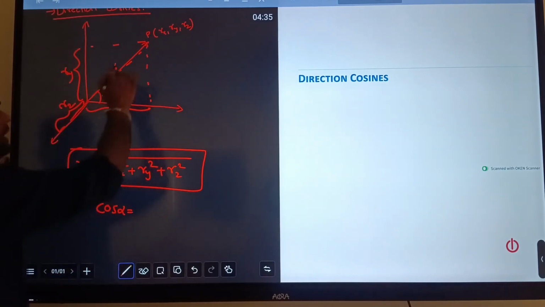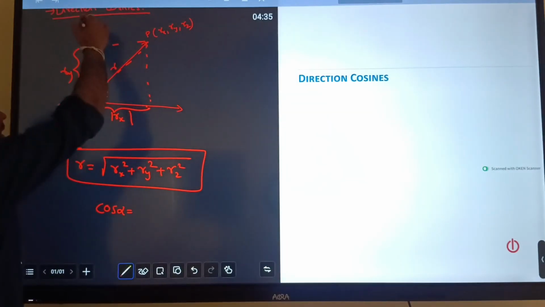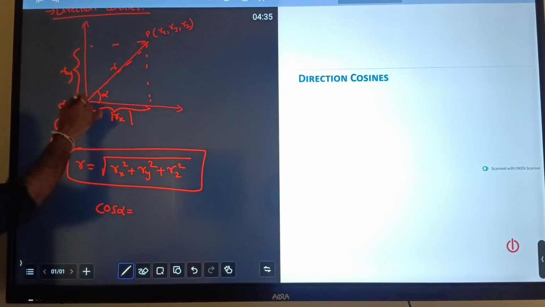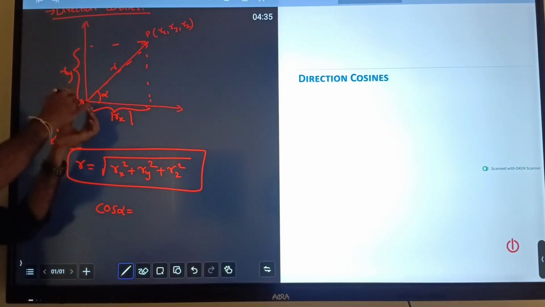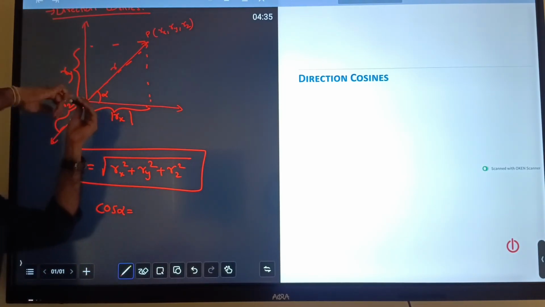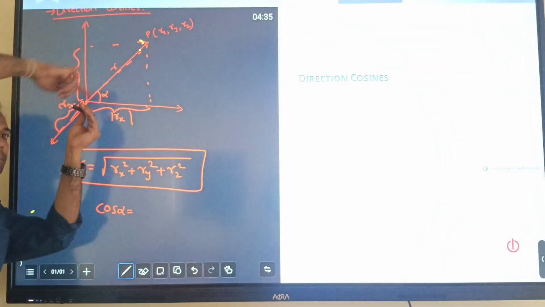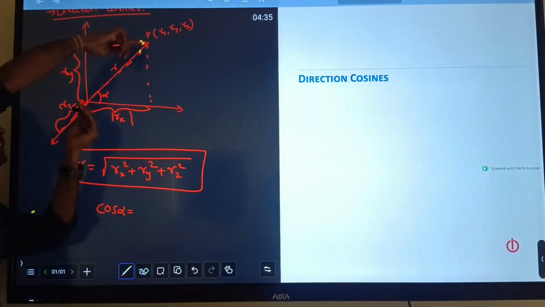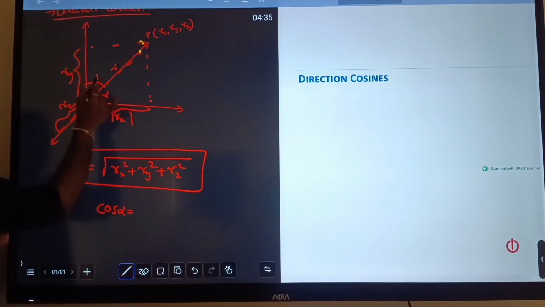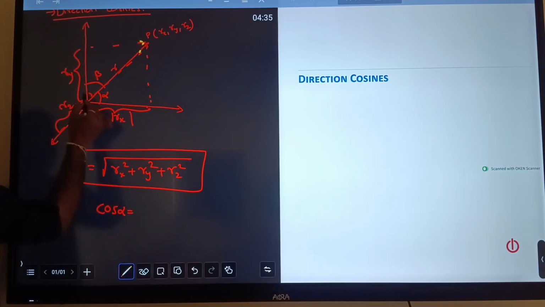That means the point has Rx on the x-axis, Ry on the y-axis, and the z-axis is actually out of the board, but we cannot represent that on the two-dimensional board, that's why I am representing it like this. On the direction out of the board, the z point is at this point. The angle between these two is beta, and with respect to this it is making an angle gamma.